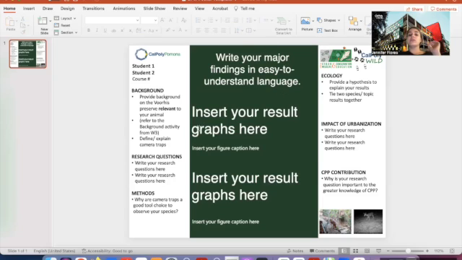And then here, both students would need to have their results graph with a figure caption, which they should already have from the data analysis assignment. And then here is going to be where the significance comes in. So ecology: provide a hypothesis to explain your results, tie the 2 species or topic results together. Impact of urbanization: write your research question here. Oh, sorry, I think I copied and pasted.